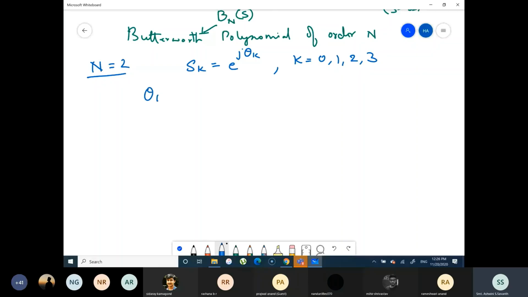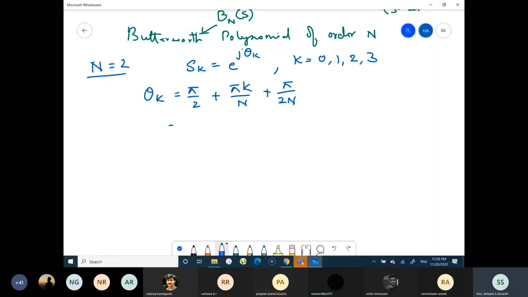Theta k equals pi by 2 plus pi k by n plus pi by 2n.